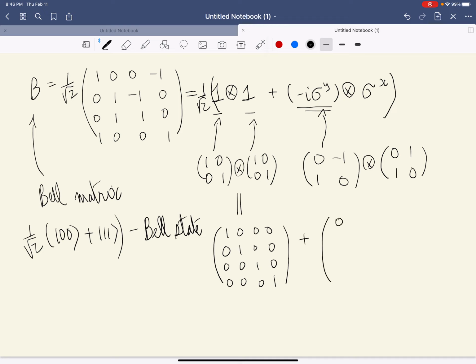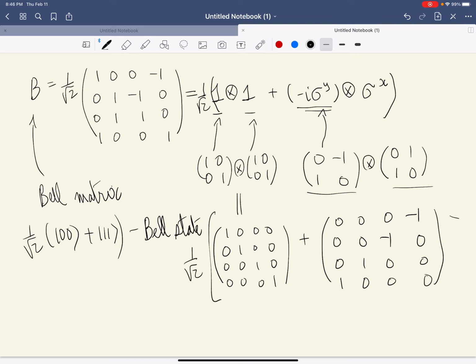And then if you do a tensor product of this and that, you're going to have minus 1 here, and then 1 here, and then 0, 0. Indeed, after multiplying with this normalization, putting these two matrices together will bring you back to the Bell matrix.